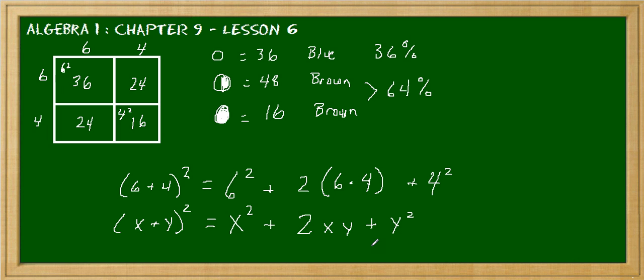Now remember, when we're saying FOIL method, you might say, well, I don't see 2 binomials here being multiplied, but they actually are. Remember, they're being squared. So we could have written this as 6 plus 4 times 6 plus 4, which is basically what we did up here, and we could have done x plus y times x plus y in parentheses, right? So the square basically means that we're multiplying something by itself, and these happen to be binomials.